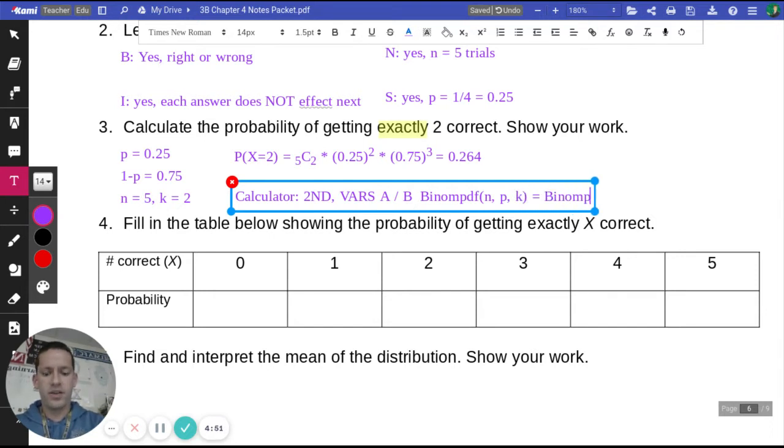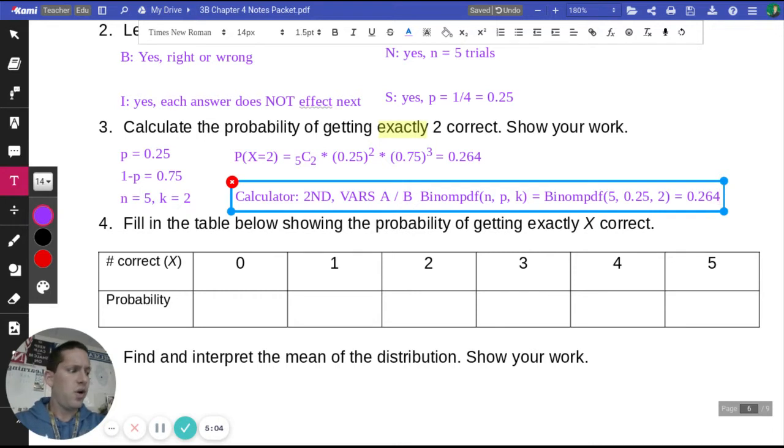We know all those values. Binomial PDF, 5, 0.25, and 2, and that will get us the same value as before. Maybe I'll make a video tomorrow to show you how to do it on the calculator. You know, if you have a Chromebook as well, you can download the calculator extension.